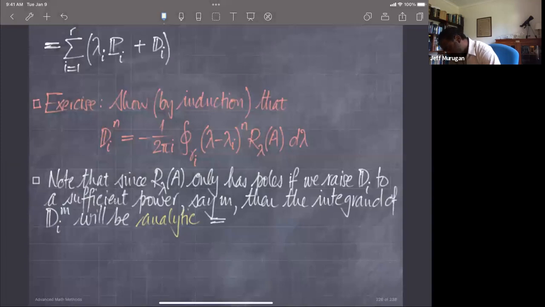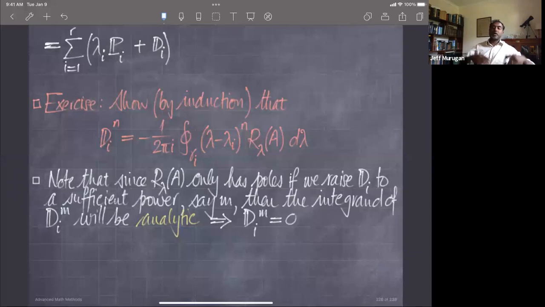Which will then imply necessarily that the integral of an analytic function over a closed contour is necessarily vanishing. So if I raise this di to a sufficiently large power, it'll eventually vanish. Okay.